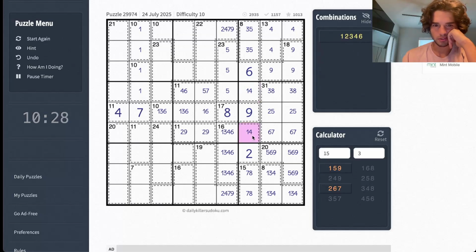Four goes here or here. Which places? Four goes here, four goes here. If four goes here, I guess four could go here and four could go here.